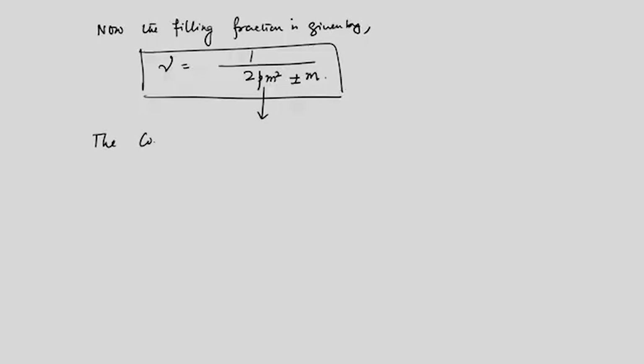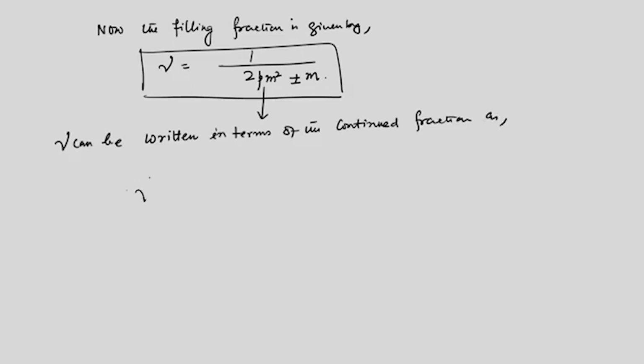So, the hierarchy, so the continued fraction, or rather nu can be written in terms of the continued fraction as, okay.